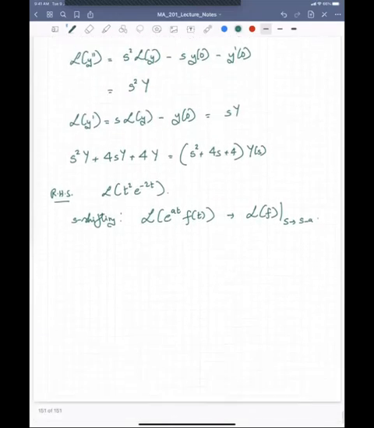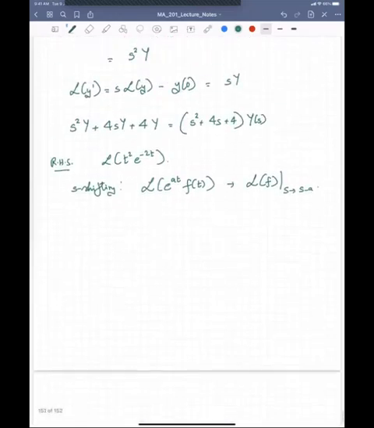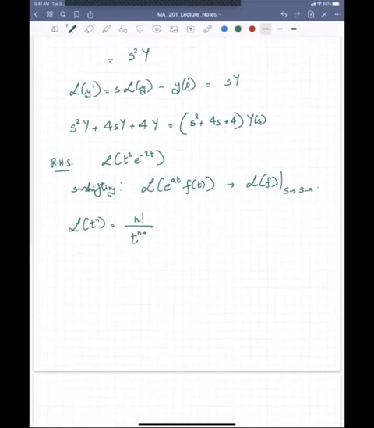So basically what we have on the right hand side is t squared e to the minus 2t. Here a is minus 2. So we simply have to know what is the Laplace transform of t squared. Well, that we know because L of t to the n is n factorial divided by s to the n plus 1.